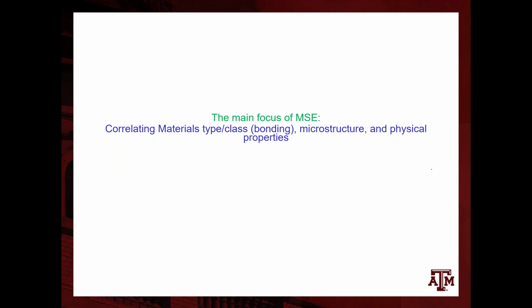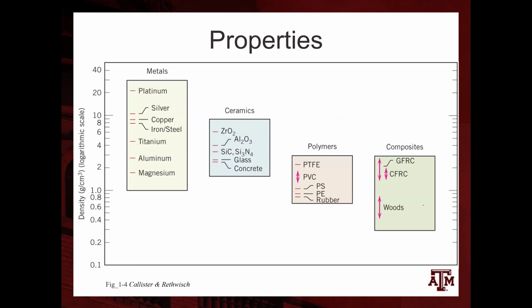So it is again very important to see this connection between the material type and class, which is mainly governed by the type of the bond, and the microstructure and the physical properties. So this is really the main focus of this field: to connect those three aspects, or three pillars, of material science.